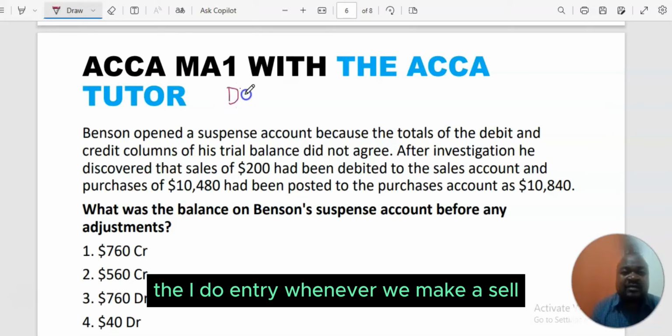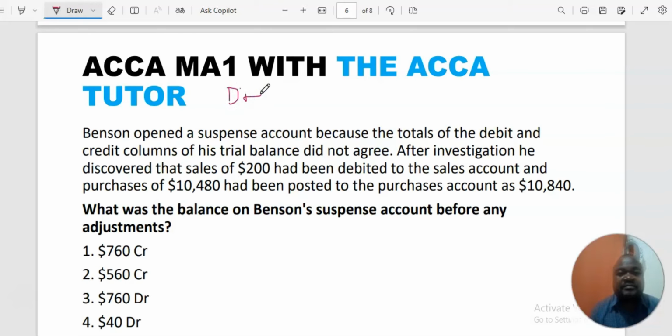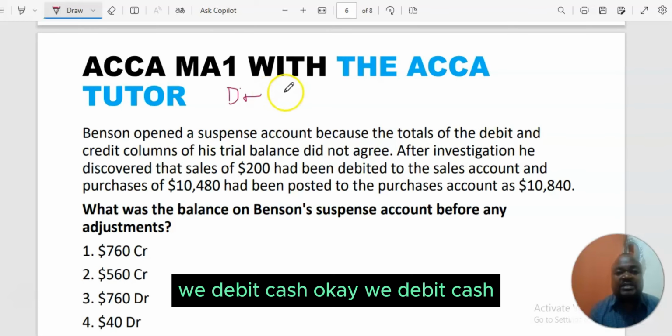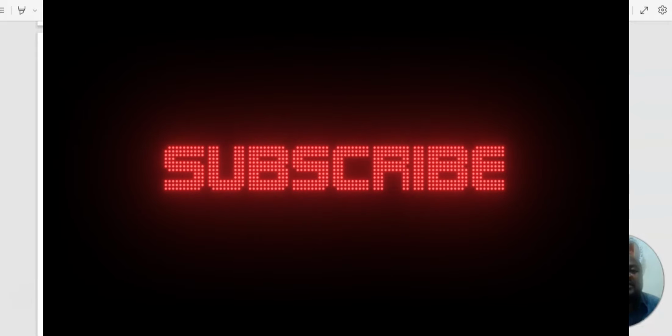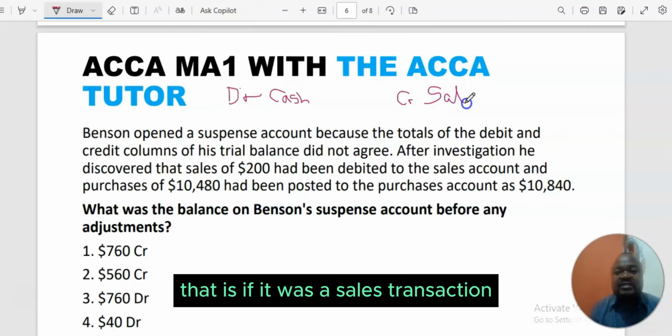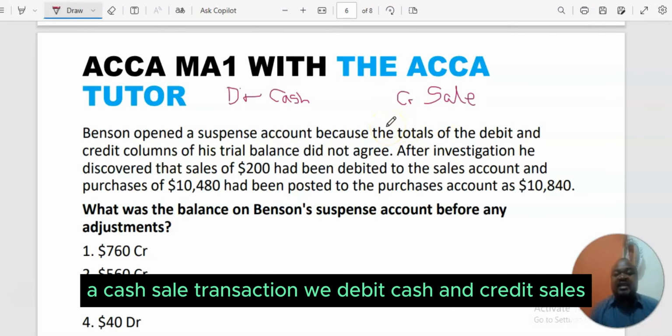Whenever we make a sale, if it was a cash sale transaction, we debit cash and credit sales.